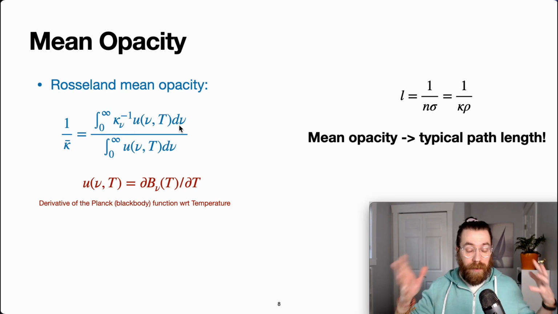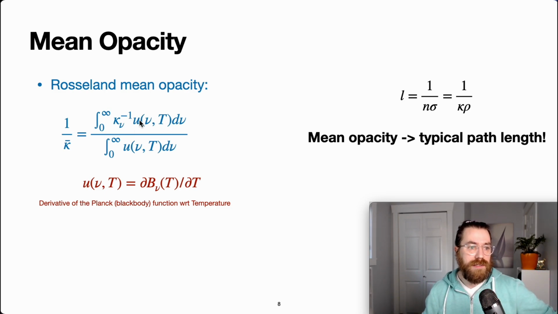So assuming a black body curve for the gas, that's divided by this weighting average, divided by the derivative of the black body with respect to temperature. So this is sort of adding up all of the opacity as a function of wavelength, the opacity times the spectrum.